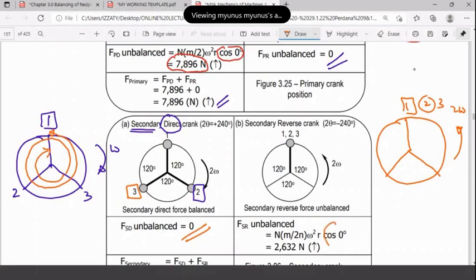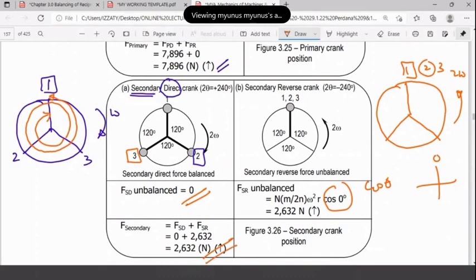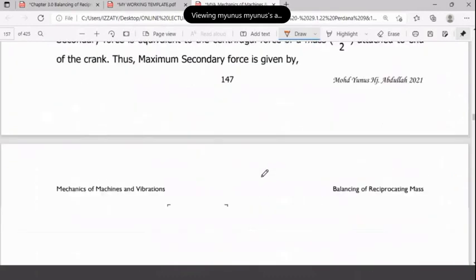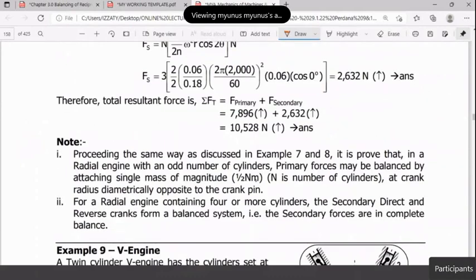This cos theta becomes cos 0 because we take this one as 0 degrees. Then you have the numbers, and you add them up together. So that will give you this. These are the numbers that you have to balance, about 10.5 kilonewton, pointing upward.